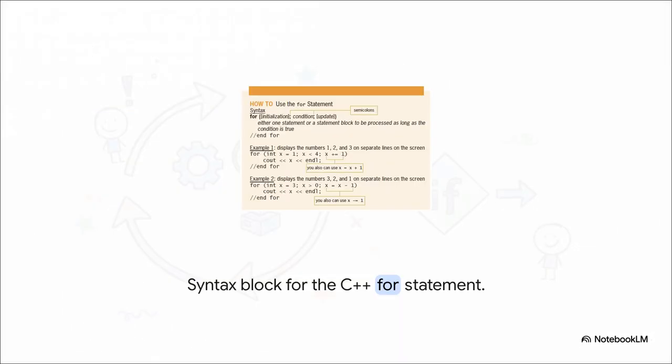But what if you actually know exactly how many times a loop needs to run? Well, that's where the for statement comes in. The for loop is a much more compact alternative, and it is perfectly suited for counter-controlled scenarios. It handles the initialization, the condition checking, and the updating all in one single organized place right at the top of the loop.